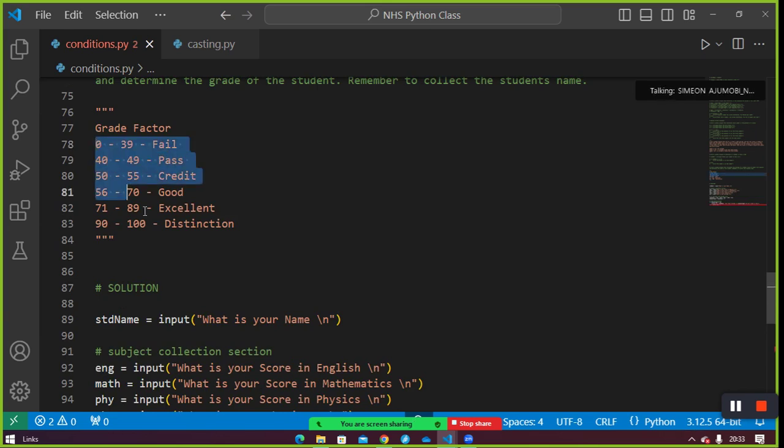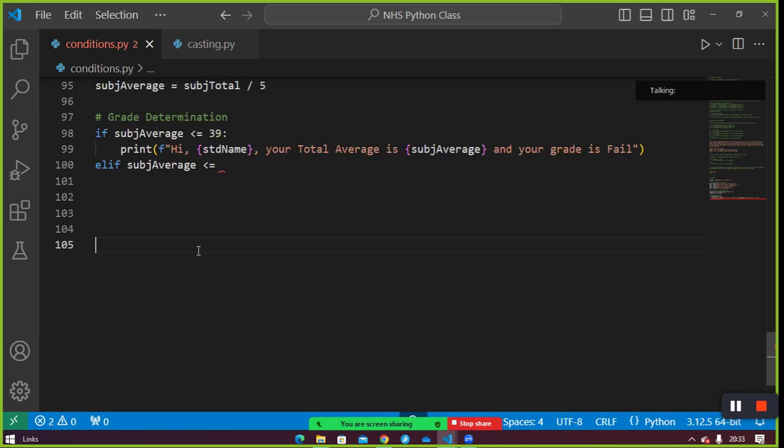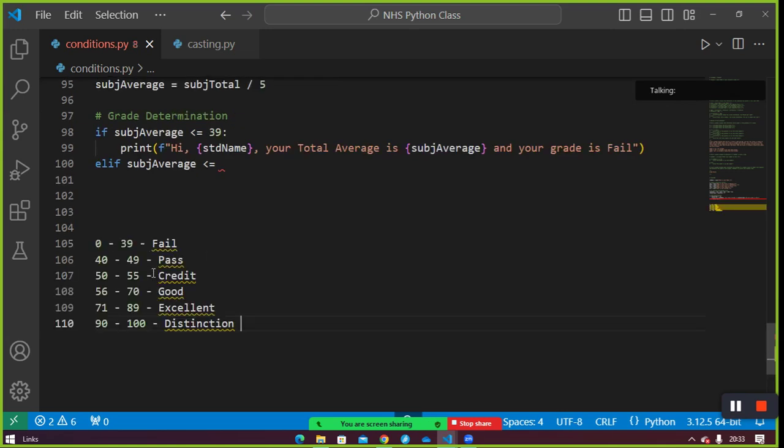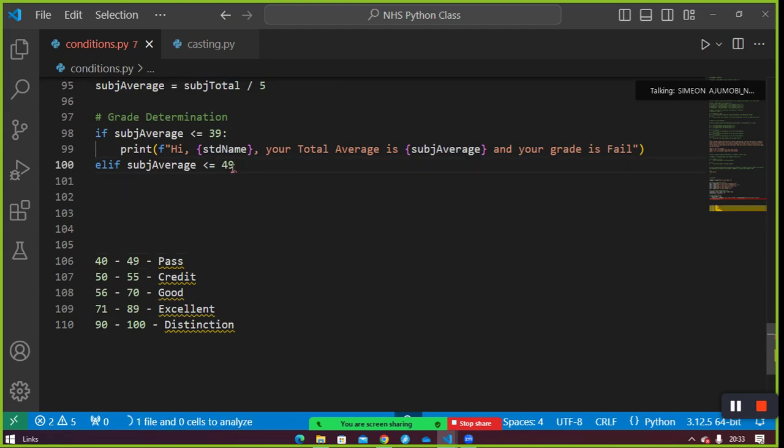Let me bring everything down to be faster. Okay, we've done this. Then the next one is pass. Then 49. Then we should print this.